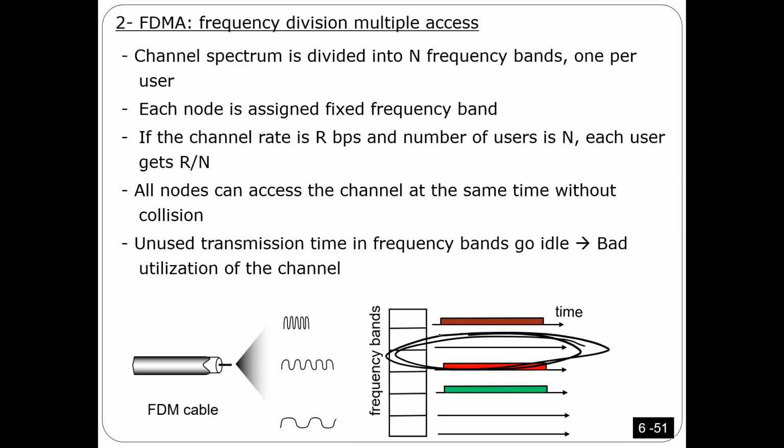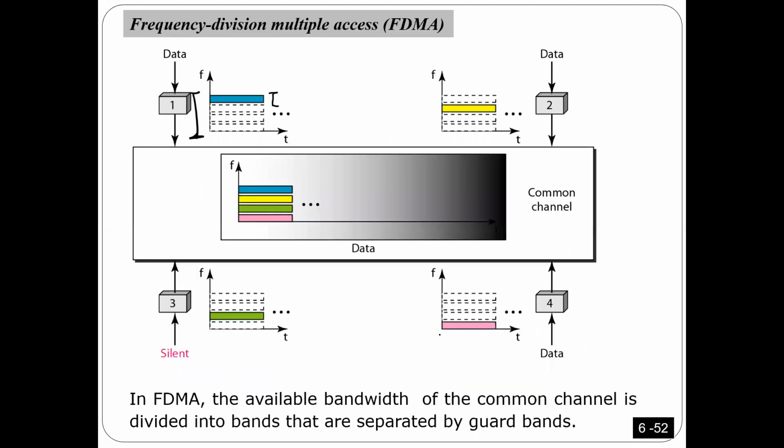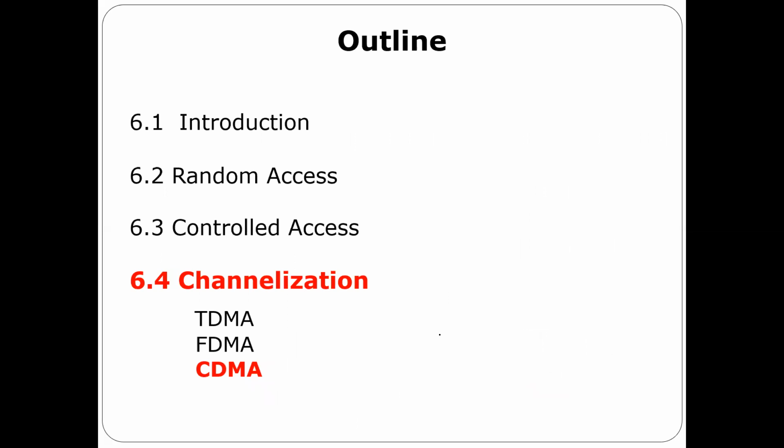But this alone needs another protocol, in order to make sure that if you don't use it, I'm going to use it, but if you want to use it, I have to stop transmitting to allow you to transmit. Because this is yours, right? You are the main owner. Anyway, the basic idea here is no sharing. Any questions?